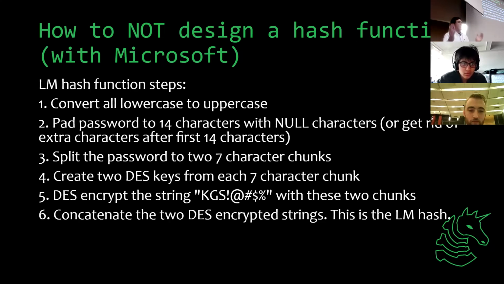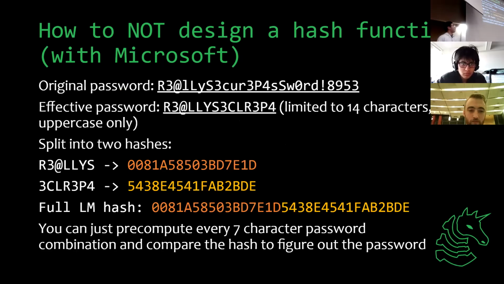Then it splits the password into two 7-character chunks, and it creates effectively two hashes, one from each of the 7-character chunks, and then concatenates them together to create your LM hash. If you look at the top, we have the original password, "really secure password!8953".